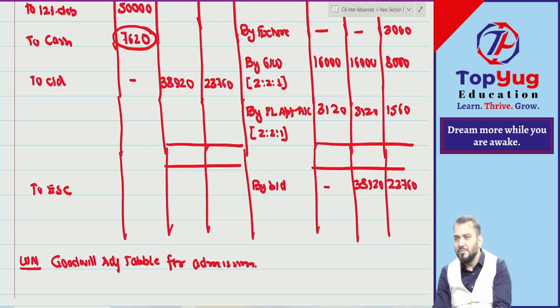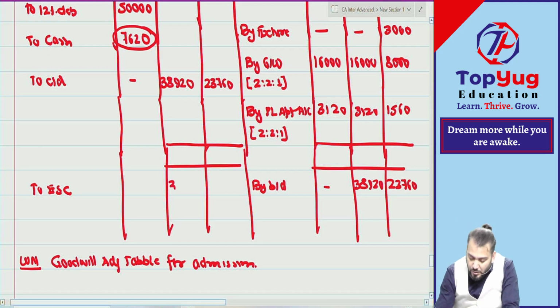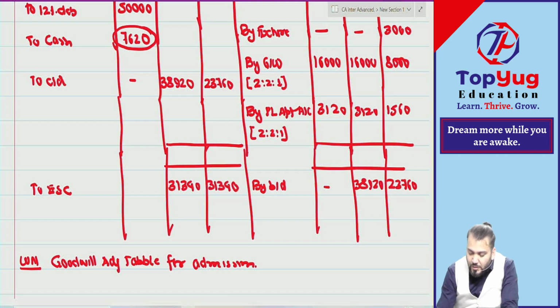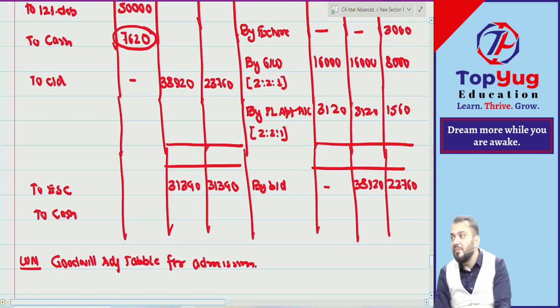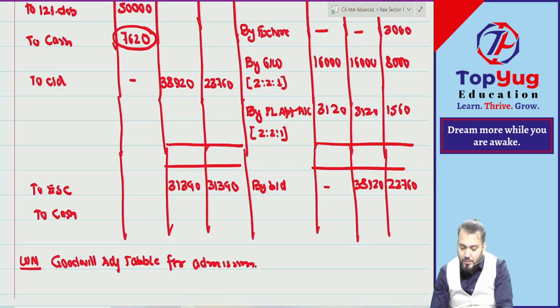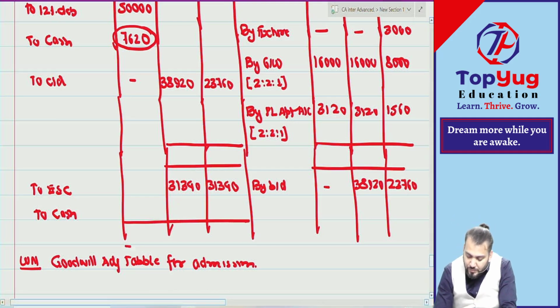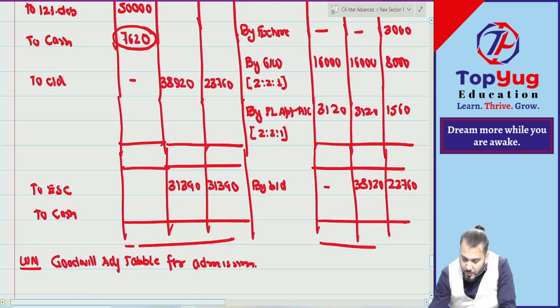So divide by 2 only. 31,340 and 31,340. But the balance will be adjusted in what? Cash.